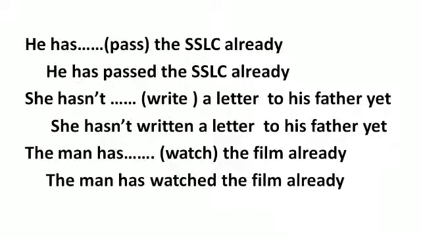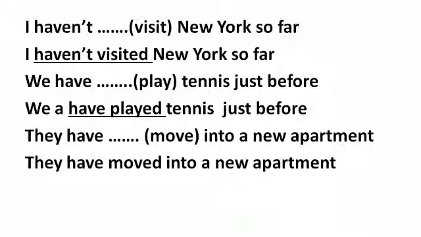Then I haven't dash visit New York so far. But I have told you I will take have as the auxiliary in present perfect tense. So I haven't visited New York so far. Here this is a negative sentence, so have plus not is added. I haven't visited New York so far.